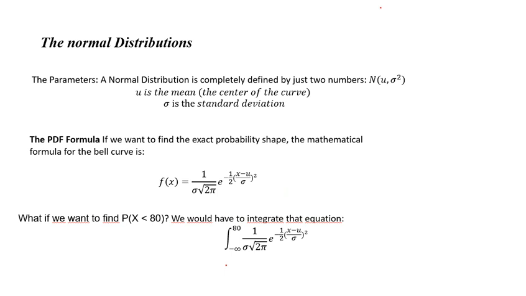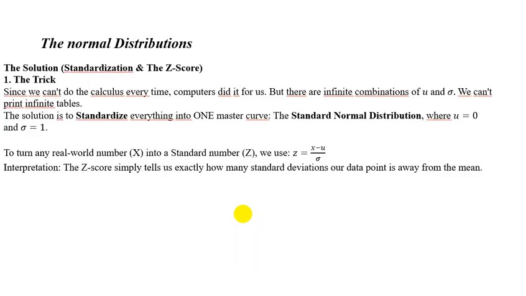So to avoid calculating the integral of this function each time I want to find a probability, there is one solution, which is standardizing everything into one master curve. This is what we call the standard normal distribution, where mu is 0 and the standard deviation equals 1.